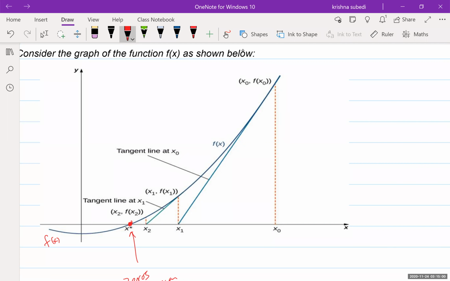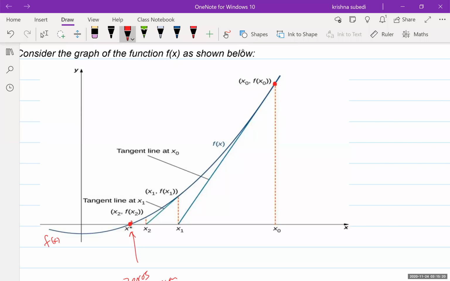Now, the idea here is that we first choose one point on the function randomly, generally close to the root, but for simplicity, I choose this point.